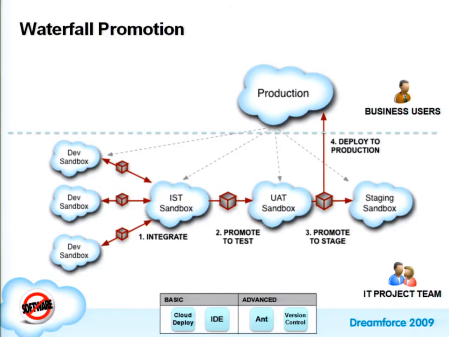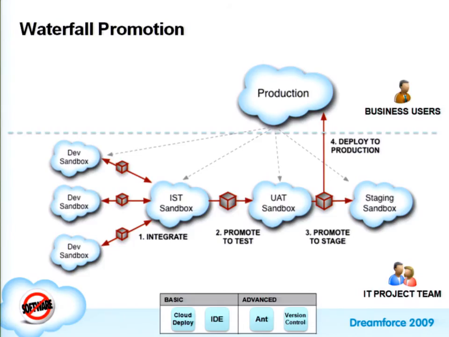Now, when you get into a larger organization, a more sophisticated project, and in fact, as I said before, in some organizations, in the larger organizations, you may see examples of all of these because it may just make sense to do that. But in a very large project where you have multiple developers working together, you'll have multiple developer sandboxes.